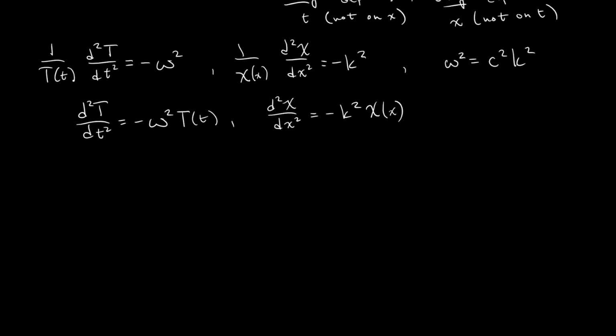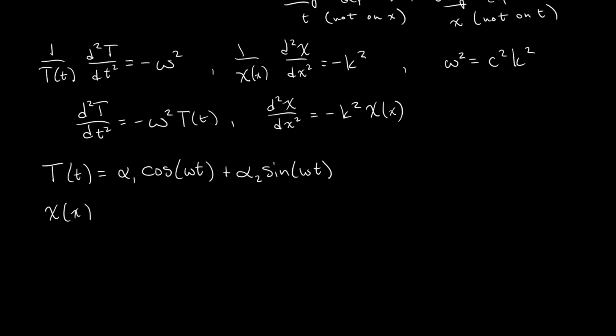So I know the solution at this point. I know that T of t is going to look something like, I'll use alpha and beta in this case, alpha 1 cosine omega t plus alpha 2 sine omega t, and then X of x is equal to beta 1 cosine kx plus beta 2 sine of kx.